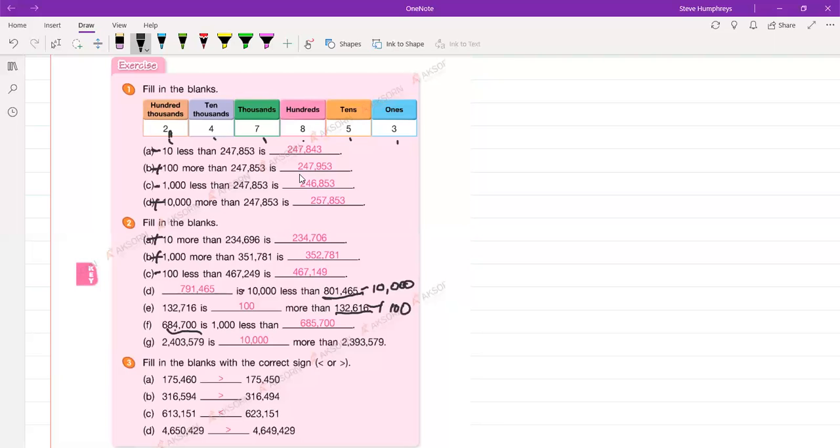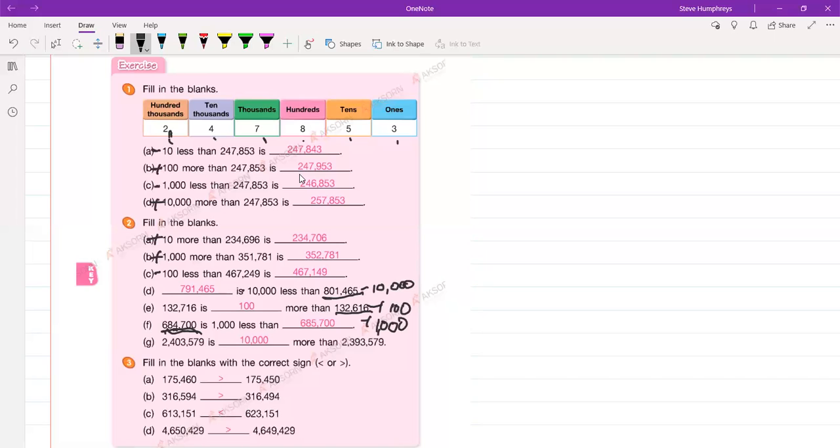You're going to subtract from your thousands. Oh, sorry. No. 684,700 is 1,000 less than something. You need to add 1,000 to find the missing number. Plus 1,000 to this number.